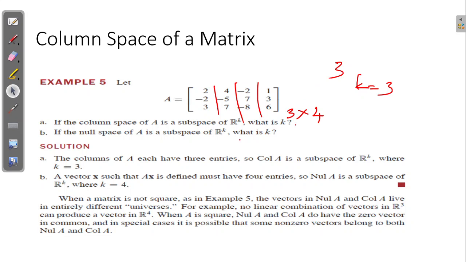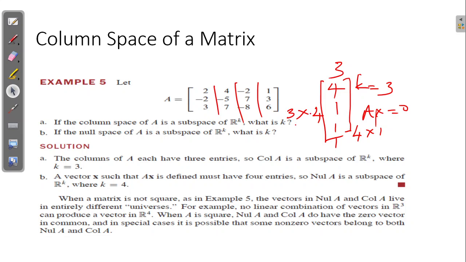Now, if the null space of A is a subspace of Rk, then what is K? Similarly, null space means A into x equal to 0, the set of all x values. We have a 3 by 4 matrix A. For the matrix multiplication to be possible, the order of x must be 4 by 1, so it has four entries.